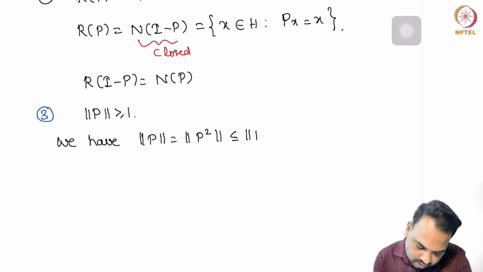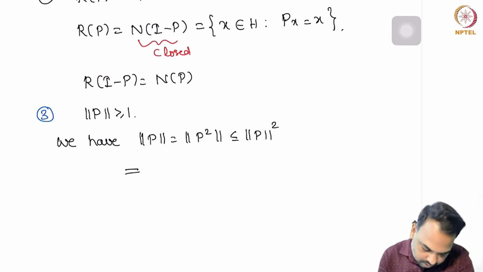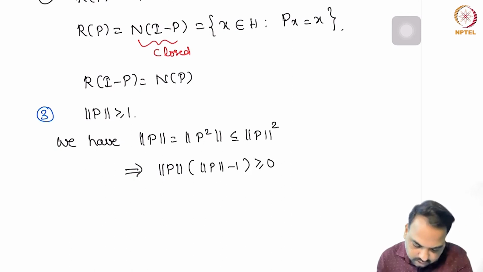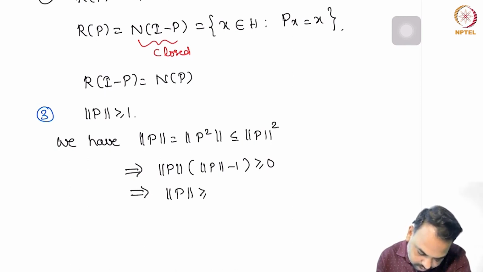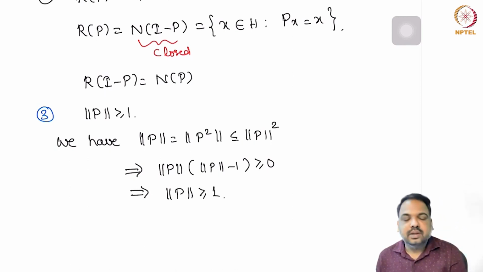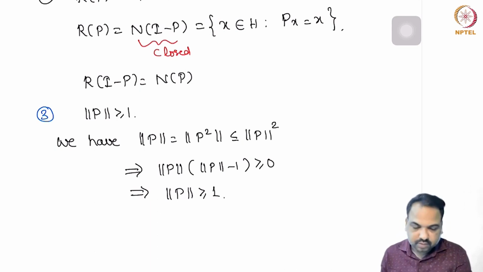So this is less than or equal to norm of P into norm of P, that is norm P square. So this implies that norm P into (norm P minus 1) is bigger than or equal to 0. So this implies that norm P should be bigger than or equal to 1, because norm P cannot be 0. We assume that P is non-zero.